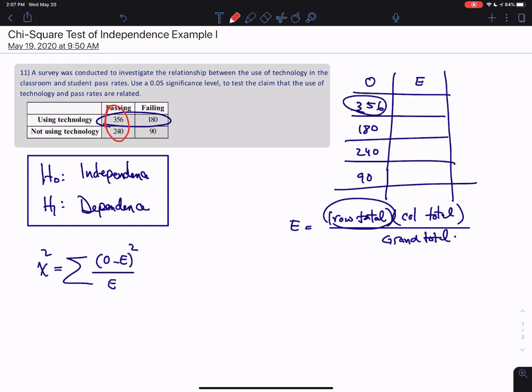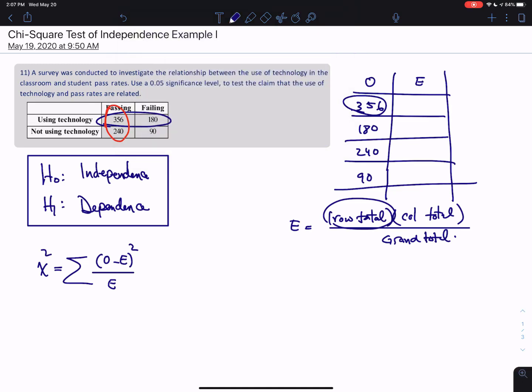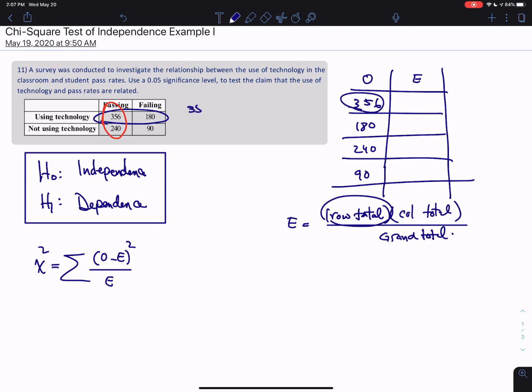Divide by the grand total. Well, the grand total is just the sum of all the values, so it's 356 plus 180 plus 240 plus 90. So the whole thing is the grand total. And that's how you find the expected frequency for 356.